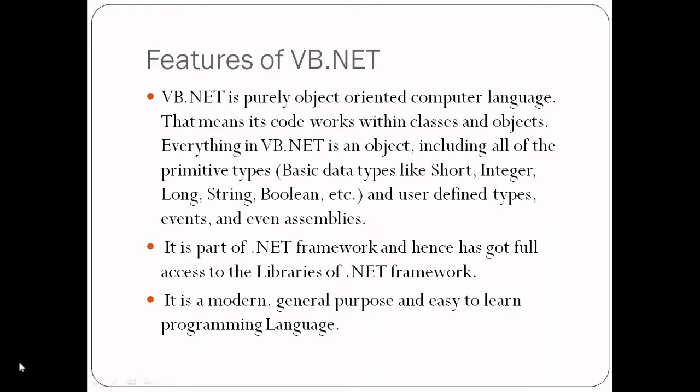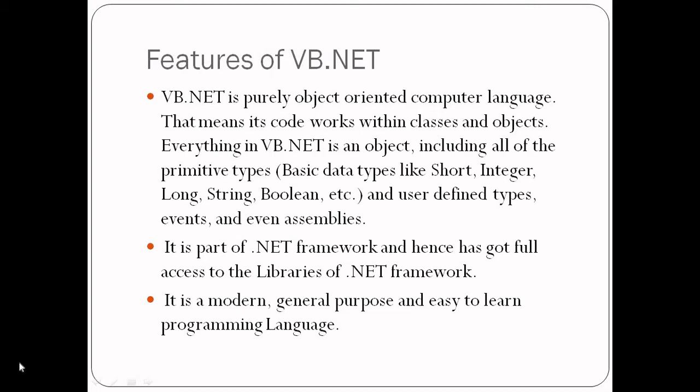VB.NET is a part of .NET Framework and hence has full access to the libraries of .NET Framework. What .NET libraries are, we have discussed in our previous video. .NET library is the reason why we have ready-made tools available in VB.NET.